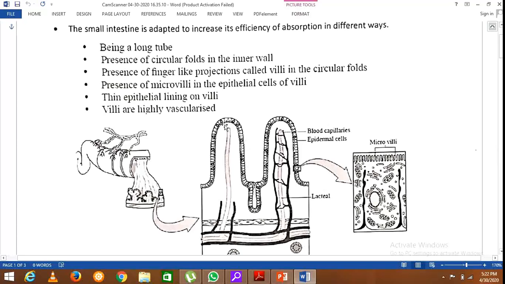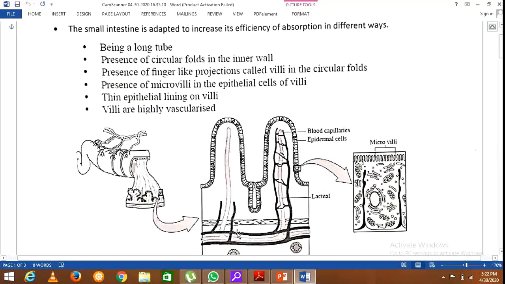And this epithelial lining is a thin layer, and as a result of it, it is easy to absorb the digestive end products into the villus. And these villi are highly vascularized.